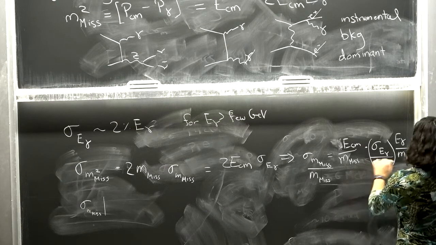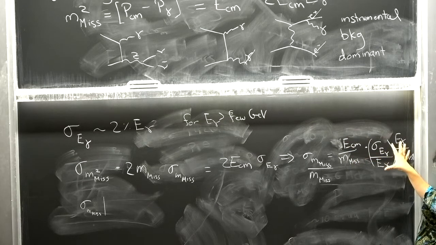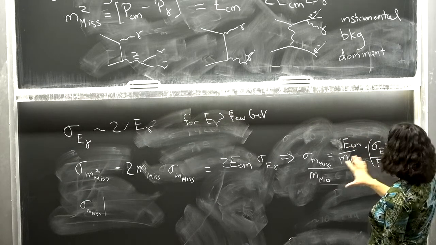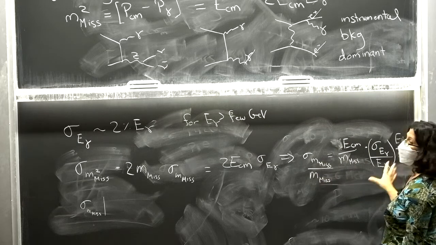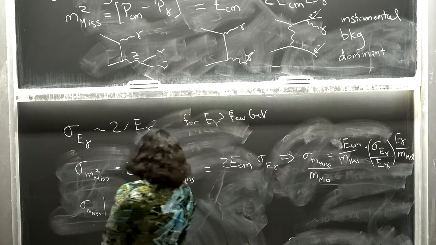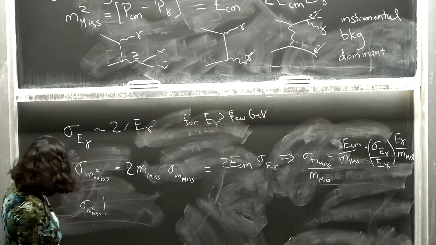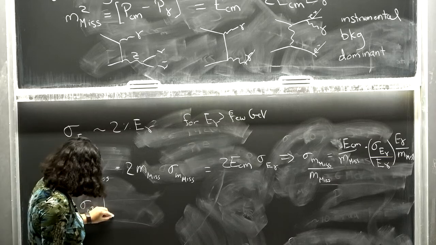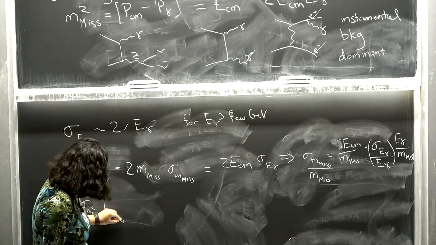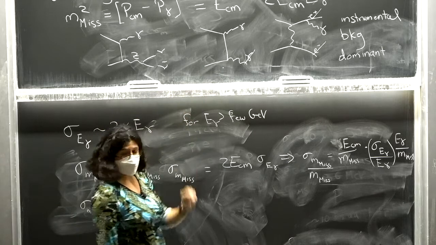So I've got 2 of these factor of 10 enhancements on a 2% correction, which is basically saying my sigma of m miss over m miss is order 1 for GeV missing masses. So sigma m miss is even the wrong thing to talk about there. You really want to stick to talking about sigma of m miss squared, evaluated at m miss equals 0, which is the missing mass for this process, right? Massless photon.